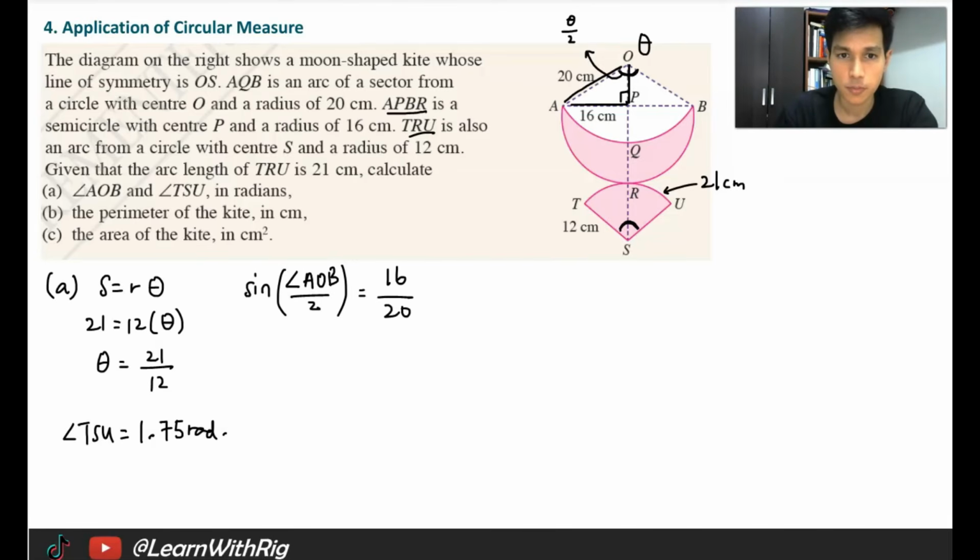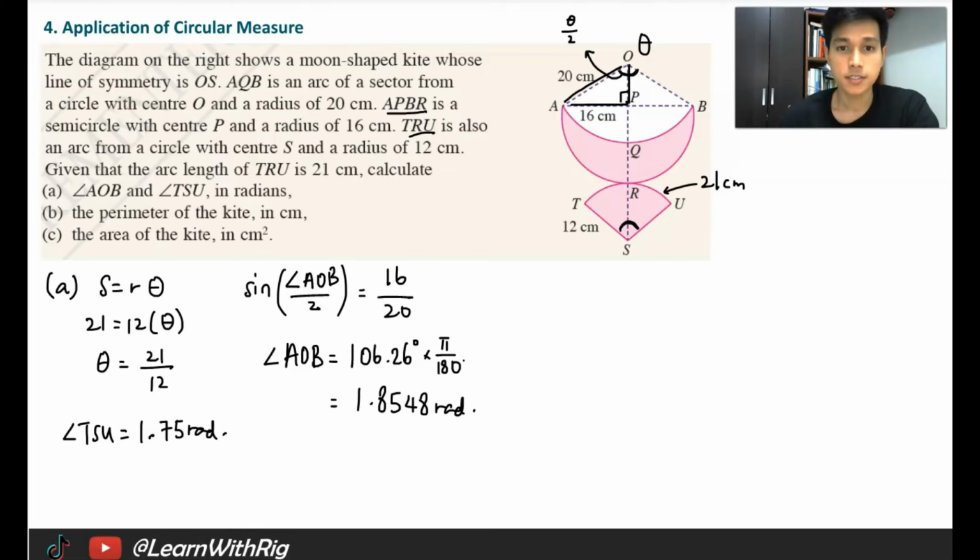So you shift it, and you should get angle AOB equals 106.26 degrees. Make sure you change to radian, because they ask for radian, times pi over 180. You will get 1.8548 radian. So these are the two angles that you're looking for.